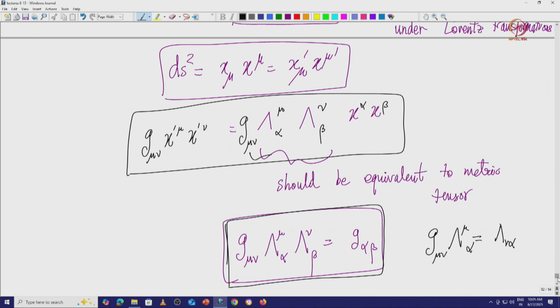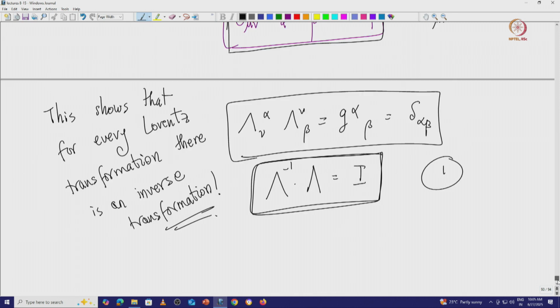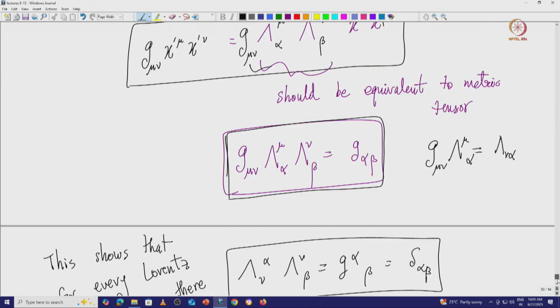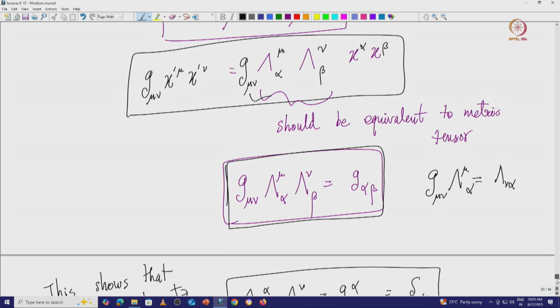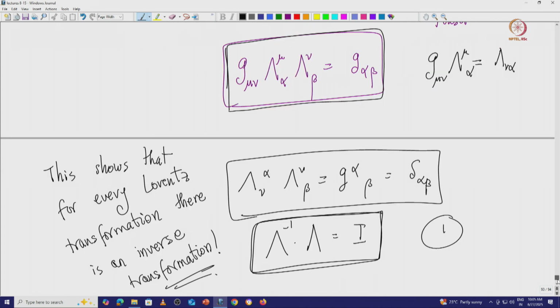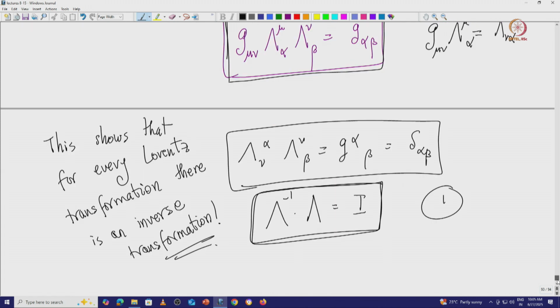Okay, because this should be the metric tensor, because on the right hand side this should be the scalar length. Now this condition I can work out, and this condition just shows that this is nothing but the Lorentz transformation, and it leads to the condition that the product of the Lorentz transformation and its inverse would lead to an identity matrix.